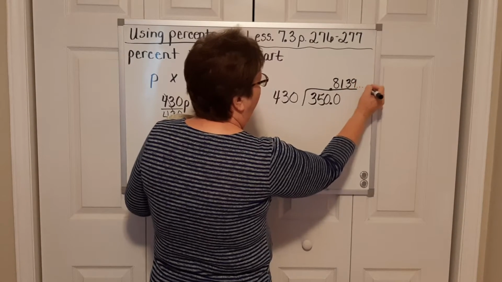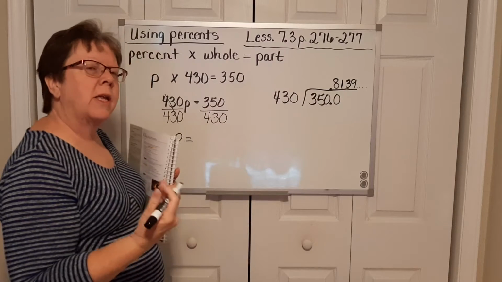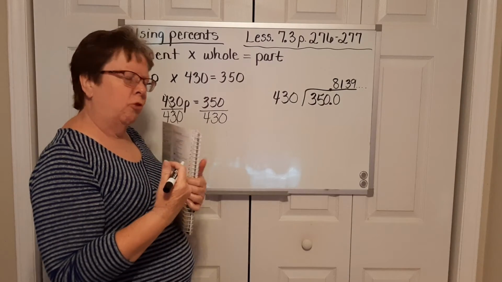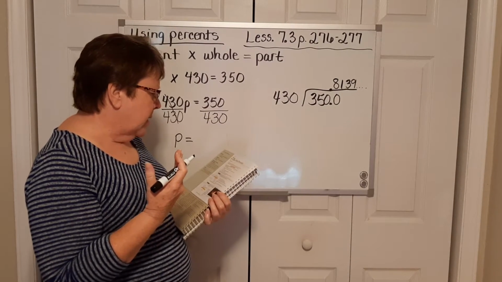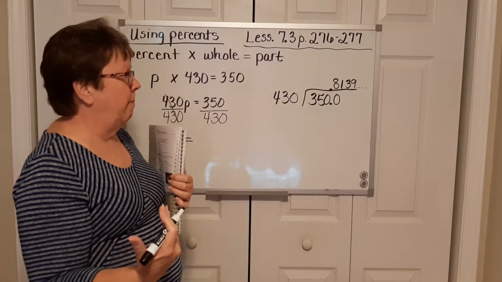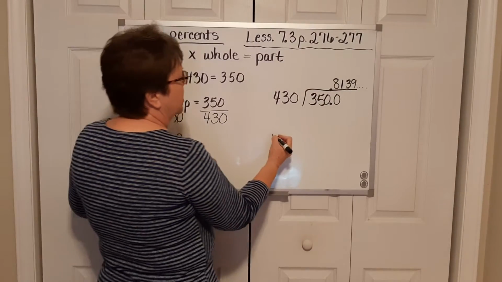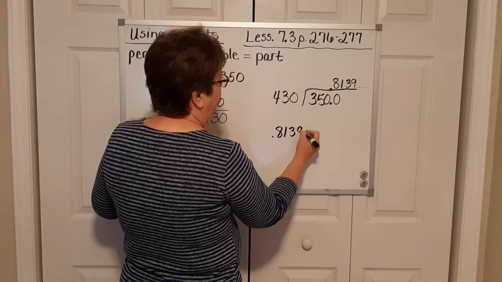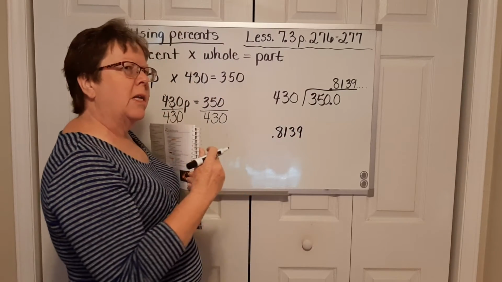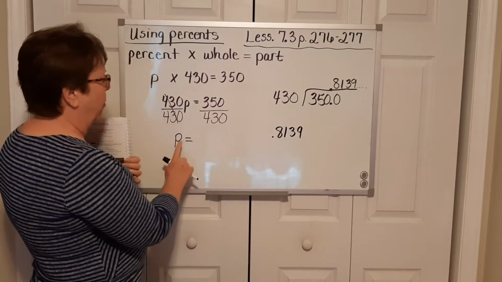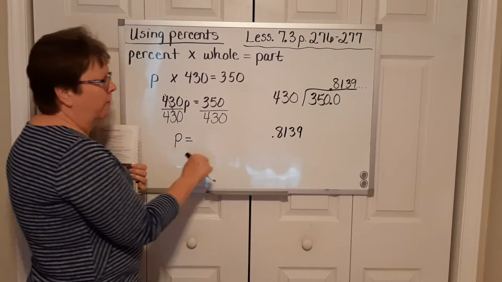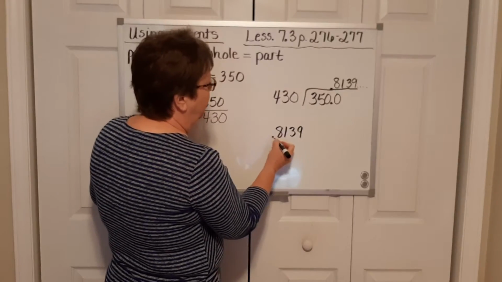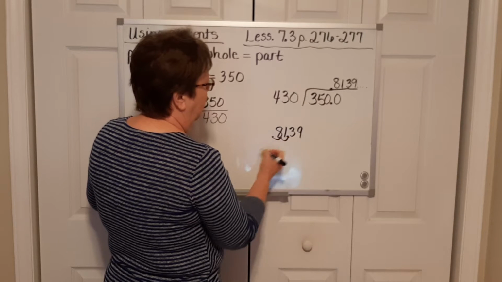It will keep going, but we're going to stop there because it tells you to round your answer to the nearest tenth of a percent. So if you have this decimal, 0.8139, remember to make a decimal into a percent, because that's what we're trying to find, you have to move the decimal point 2 places to the right.